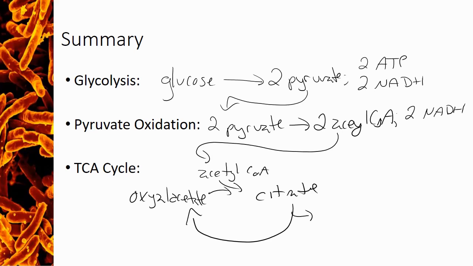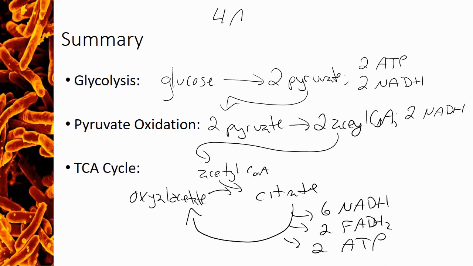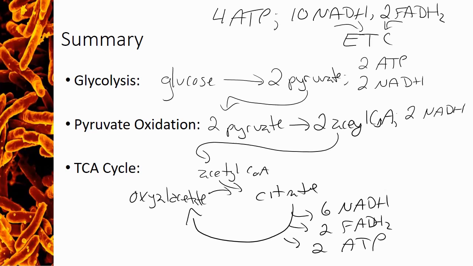In this process, we made another 6 NADH, 2 FADH2, and 2 molecules of ATP. If we add all of those up, that means at this point we have made 4 ATP through substrate-level phosphorylation, and we have 10 NADH and 2 FADH2, which function as electron carriers and are going to continue on to the electron transport chain.